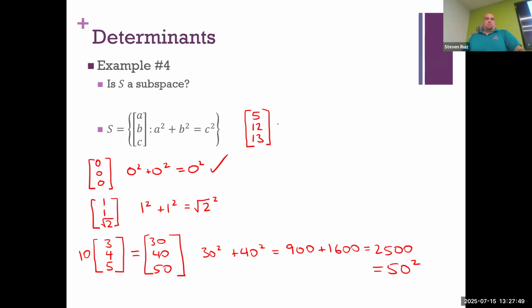I'm going to go ahead and promise you that multiplying any of them works, actually, I don't have to promise you. What if I just multiply this by k? Then I get 5k squared plus 12k squared. That gives me 25k squared plus 144k squared equals 169k squared. What's the square root of that? Something k.